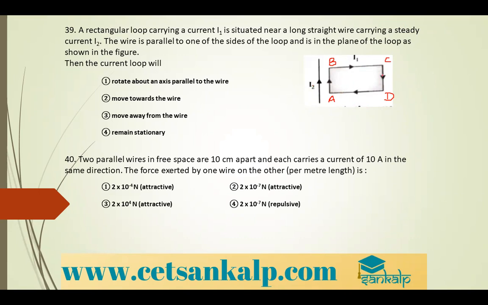CD is farther from the wire, but AB is very close. The force of attraction of AB will exceed the force of repulsion of CD, since AB is nearer. Hence, there will be a net force of attraction on the loop ABCD and it will be moving towards the wire.